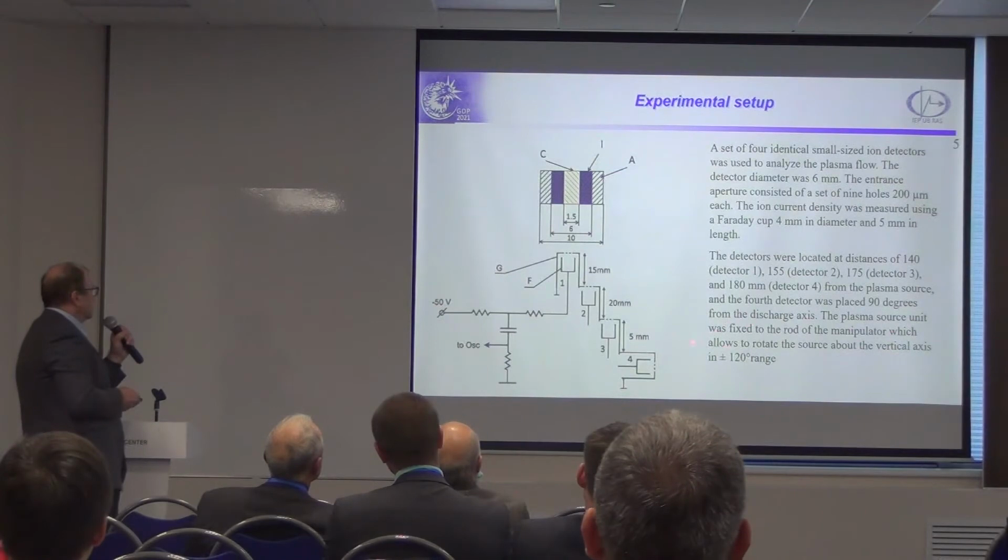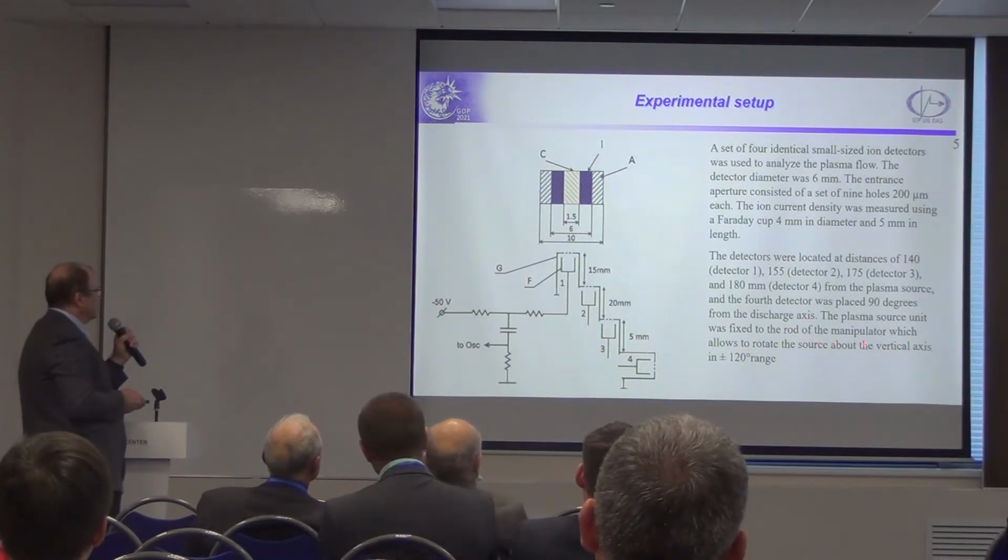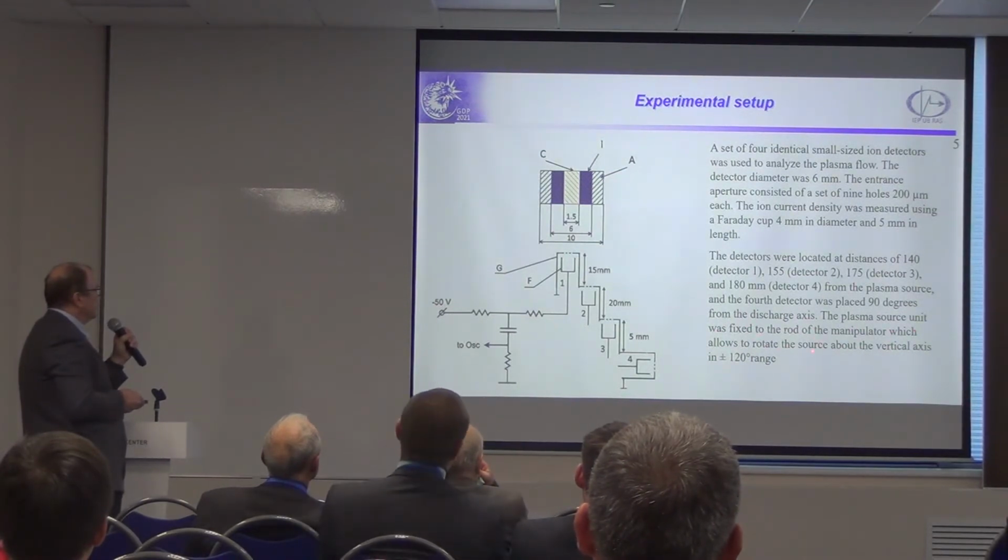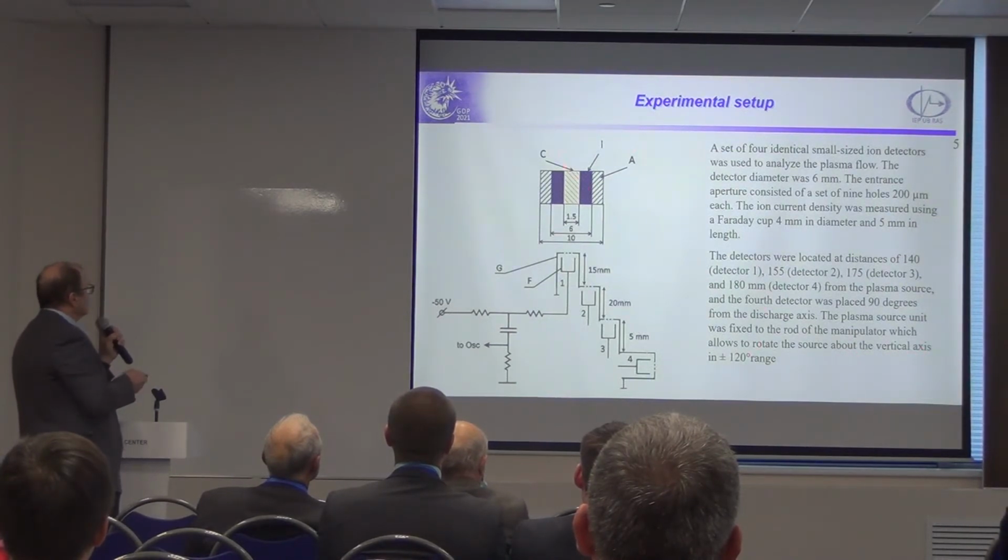The plasma source unit was fixed to a rod on the manipulator, which allows rotating the source about the vertical axis.